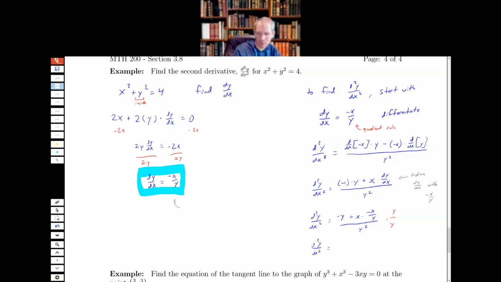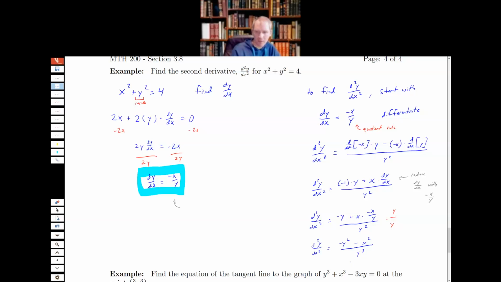So when I distribute that y, I'm going to have a -y squared. Then I have a minus. X times x is x squared, and the y over y cancel. And then the y in the denominator will give me a y cubed.